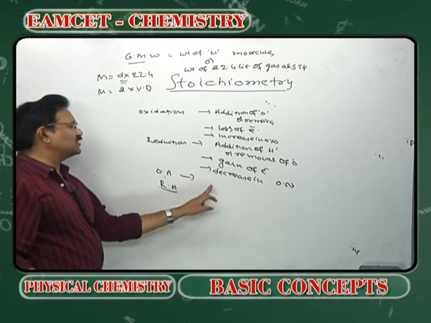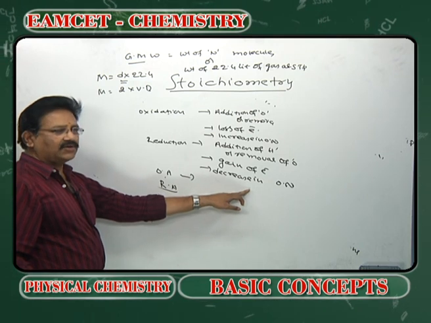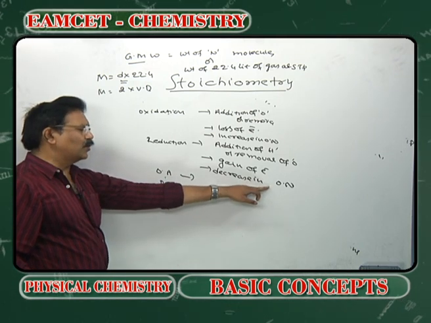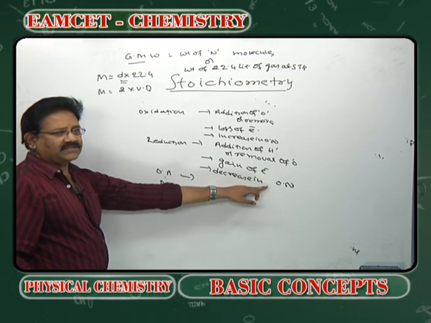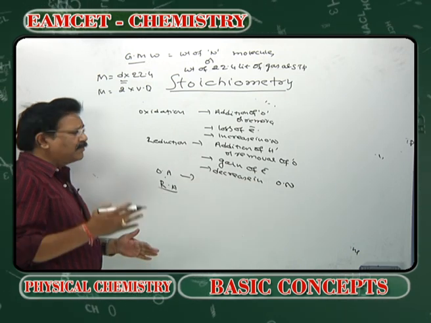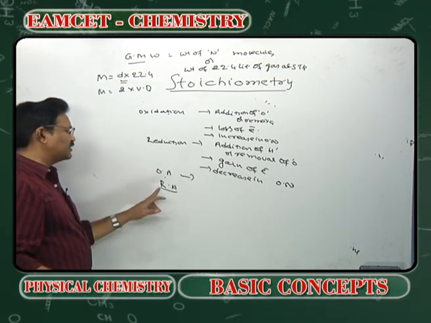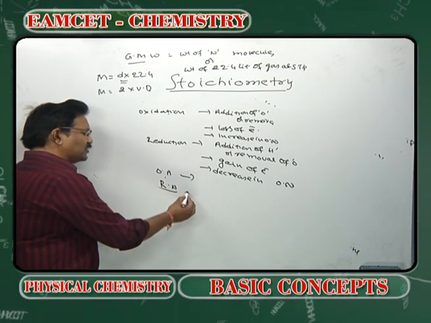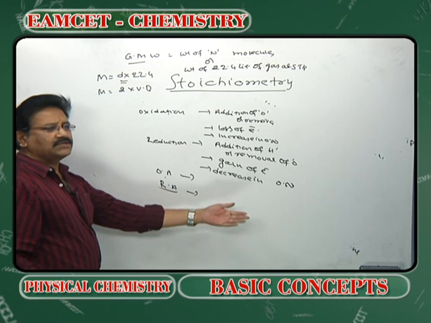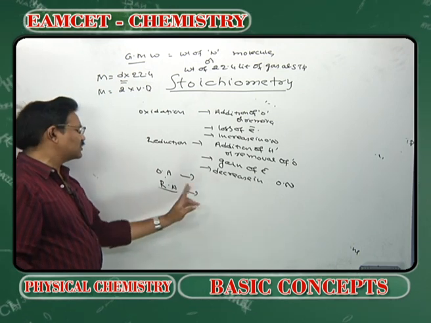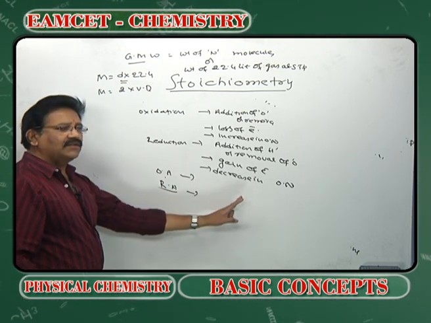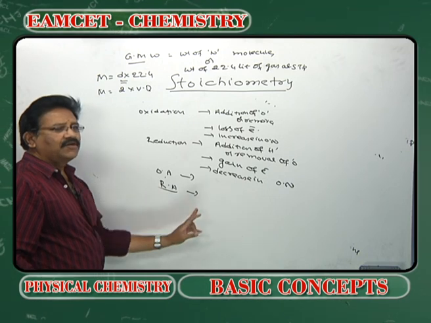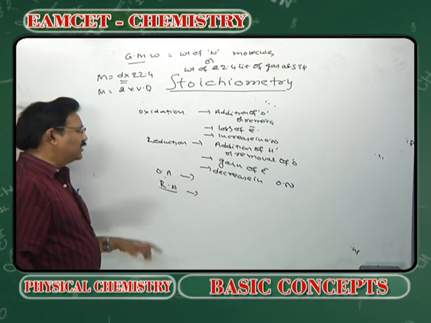That is, oxidizing agents, by gaining electrons, will always undergo reduction. For them, oxidation number decreases. And a reducing agent has a tendency to lose electrons. By losing electrons, reducing agents always undergo oxidation. For them, oxidation number increases.